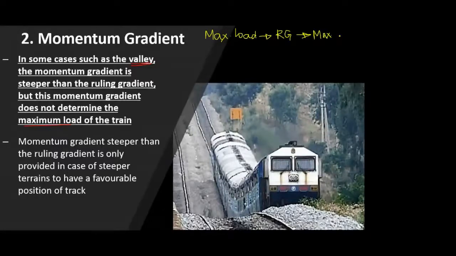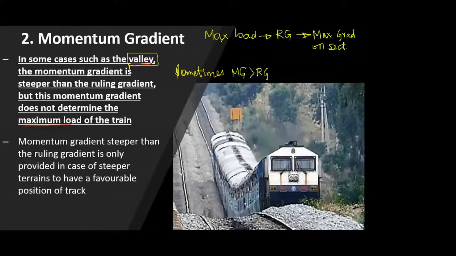So it's the maximum grade on a section. But now I am saying that sometimes your momentum gradient, MG, exceeds your ruling gradient because you have a valley or a hilly terrain.